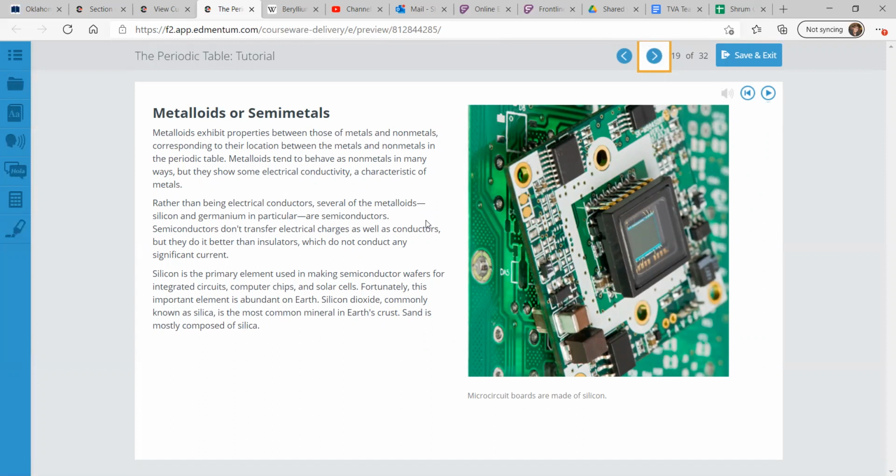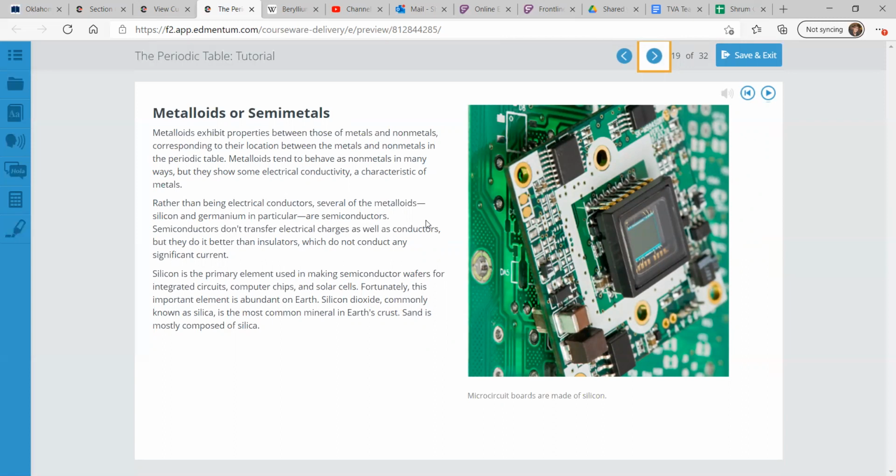Semiconductors don't transfer electrical charges as well as conductors, but they do it better than insulators, which don't conduct any significant current at all. Silicon is the primary element used in making semiconductor wafers for integrated circuits, computer chips, and solar cells.